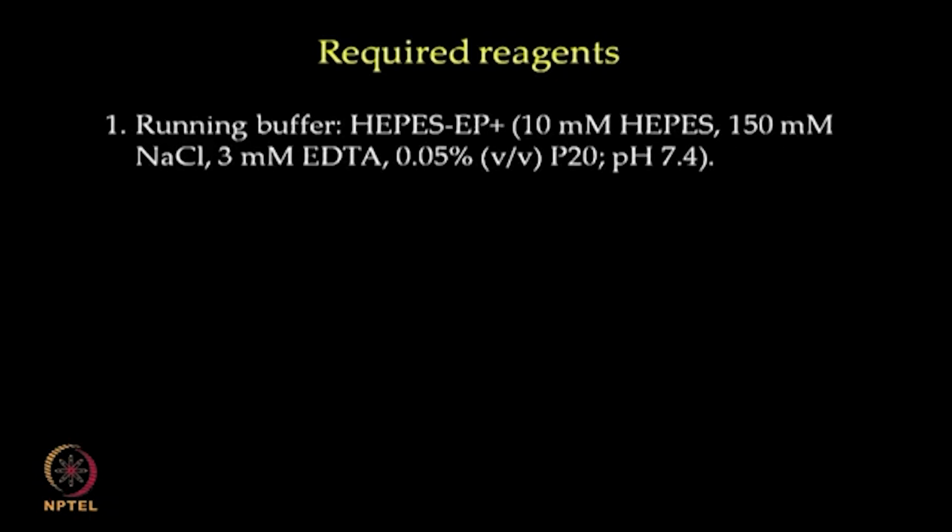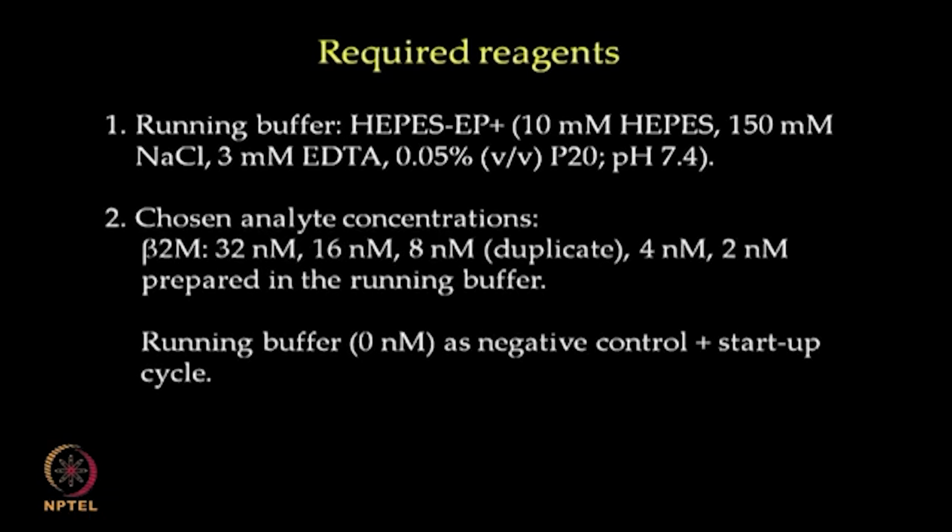In today's kinetic assay experimental setup, we will be using HBS-EP Plus as the running buffer. We will be preparing a total of 5 concentrations of beta microglobulin starting from 32 nanomolar, 16 nanomolar, 8 nanomolar, 4 nanomolar and 2 nanomolar using 2-fold serial dilution in the running buffer and 8 nanomolar concentration in duplicate.